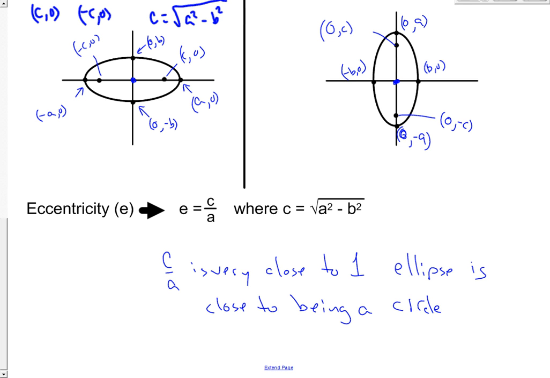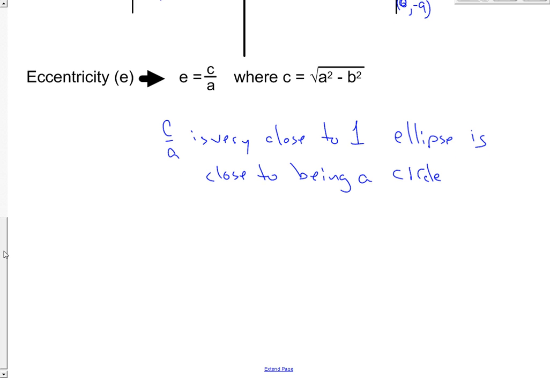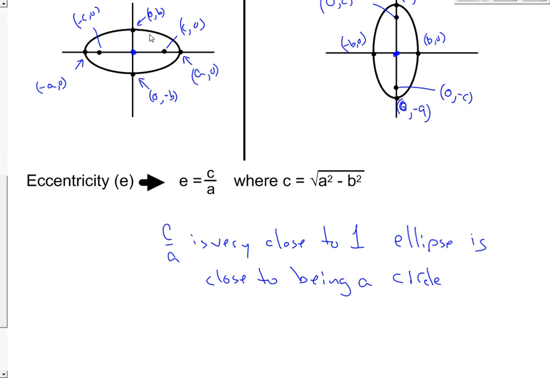So the further away from being the value of 1, the more flattened your ellipse. So these ellipses right here, you're not going to have an eccentricity that's close to 1 for these ones that I have up in the example.